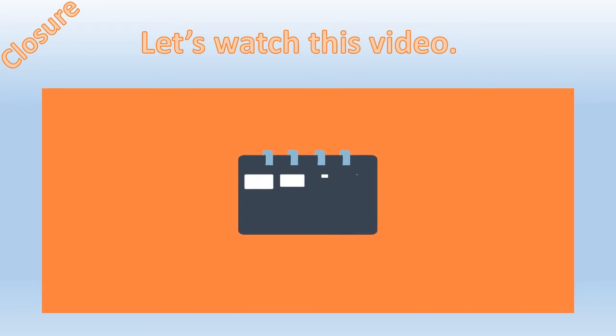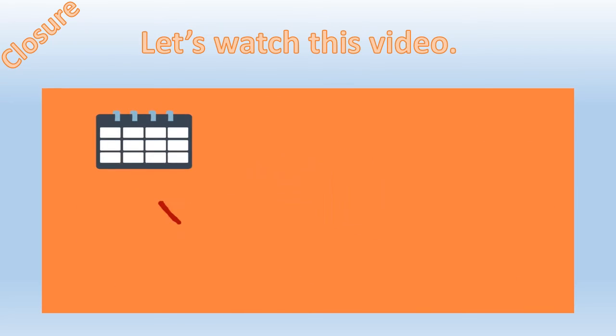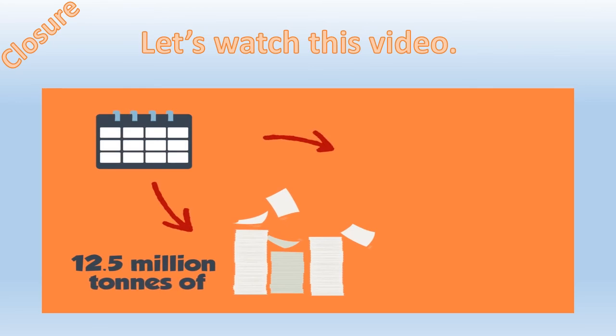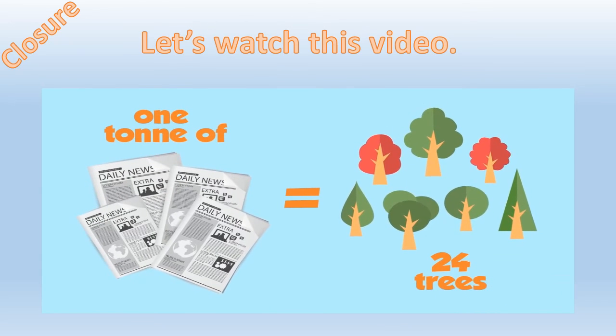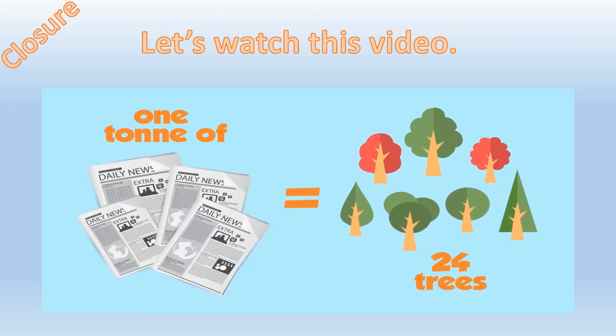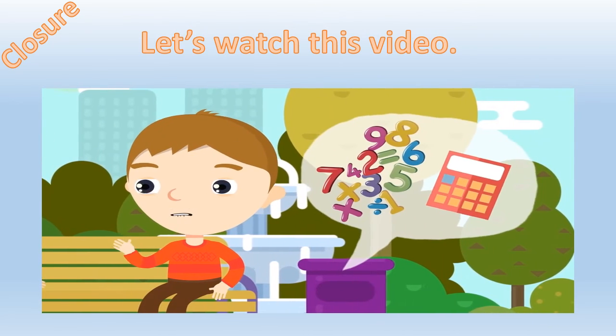Every year, 12.5 million tons of paper and cardboard are used just in the UK. And it takes 24 trees to make just 1 ton of newspaper. Try multiplying all those numbers, James.